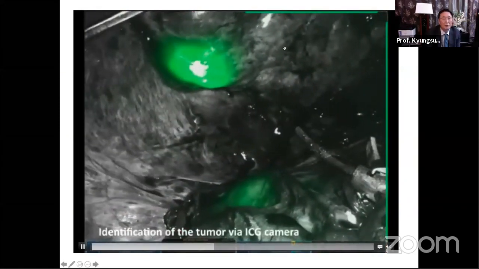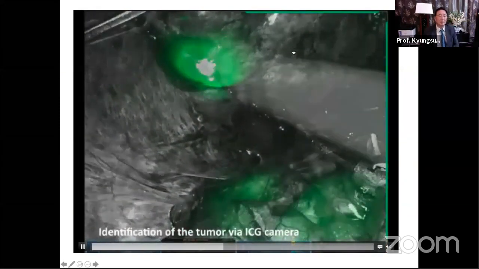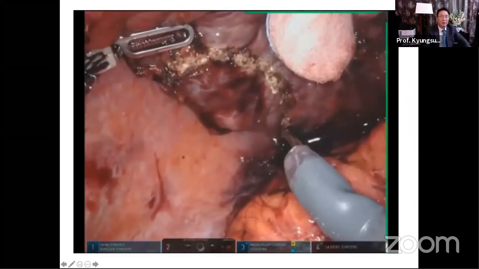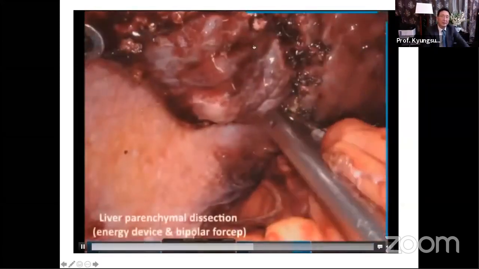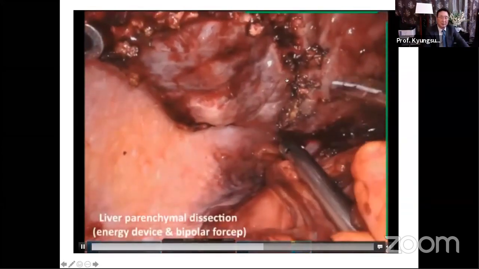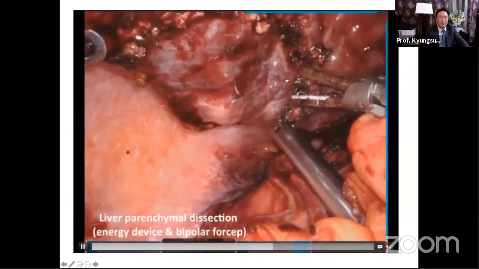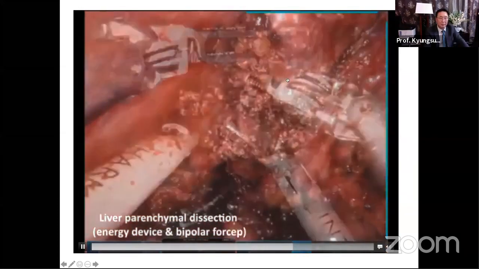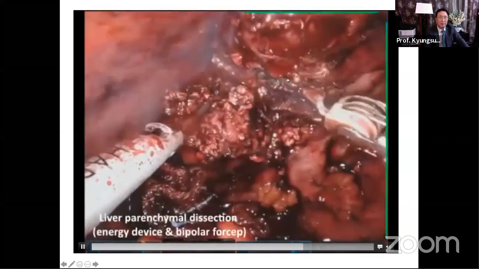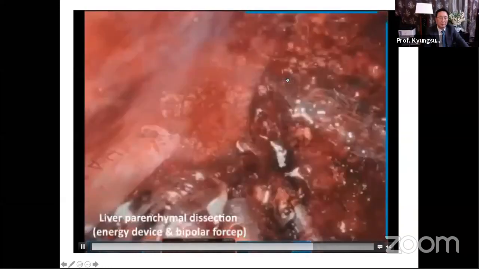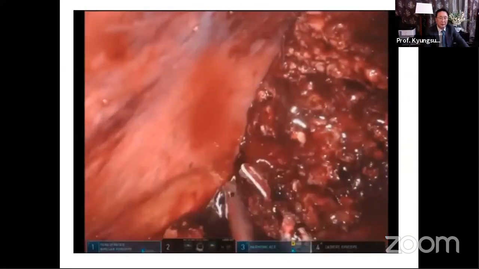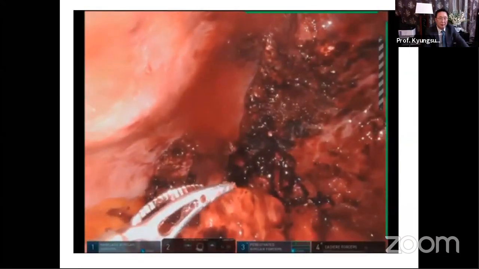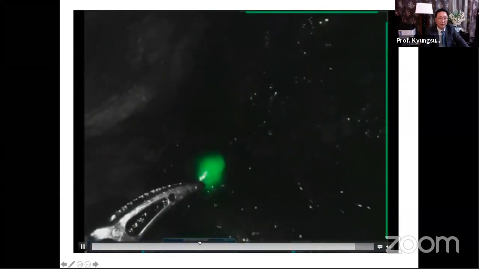In robotic surgery, ICG imaging is included in the robotic system, so you can find the tumor with the ICG, and we can dissect the tumor with confidence with the margin. You can remove it very easily, a very quick operation, and you can see the tumor with a big margin here.